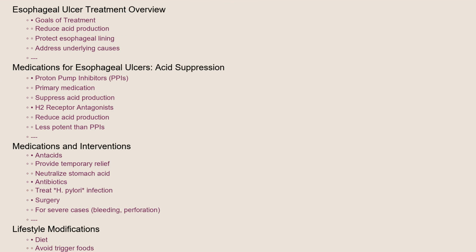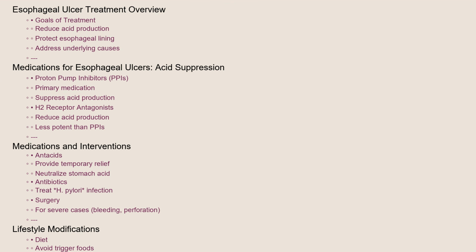The treatment of esophageal ulcers focuses on reducing acid production, protecting the esophageal lining, and addressing any underlying causes. Proton pump inhibitors, or PPIs, are the primary medication used to suppress acid production in the stomach, allowing the esophagus to heal. H2 receptor antagonists are another class of medications that also reduce acid production, but they are generally less potent than PPIs. Antacids can provide temporary relief by neutralizing stomach acid.